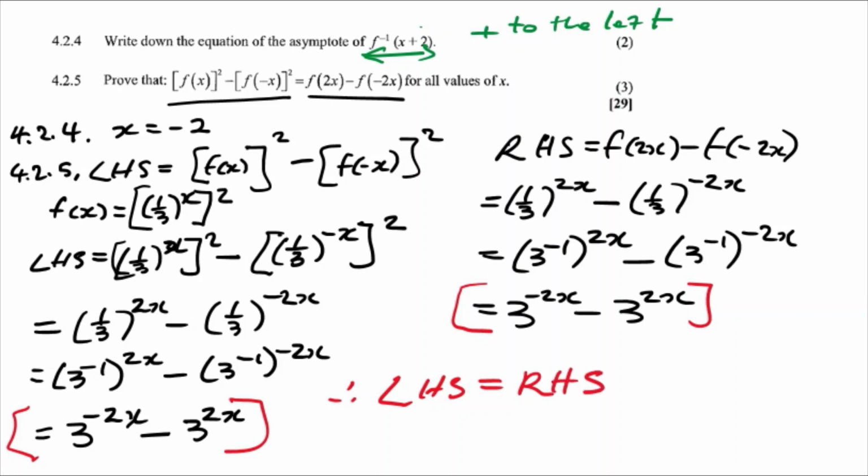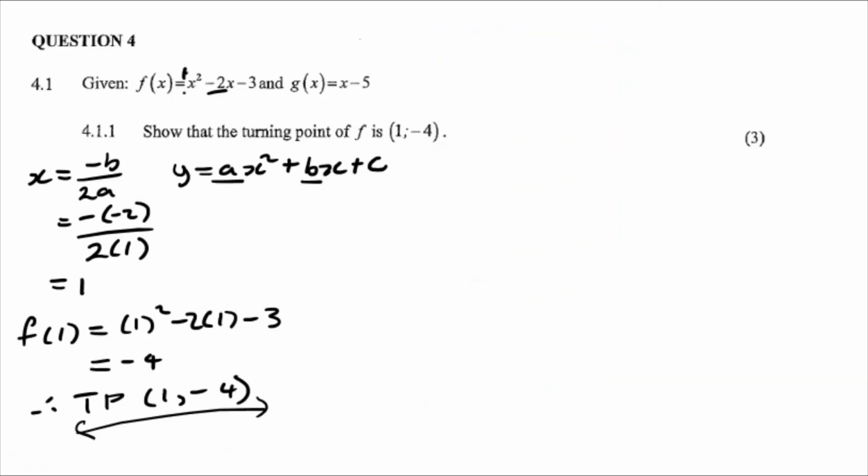Now let's do the mark allocations. So we started off with showing that the turning point of f of x is 1 and negative 4.